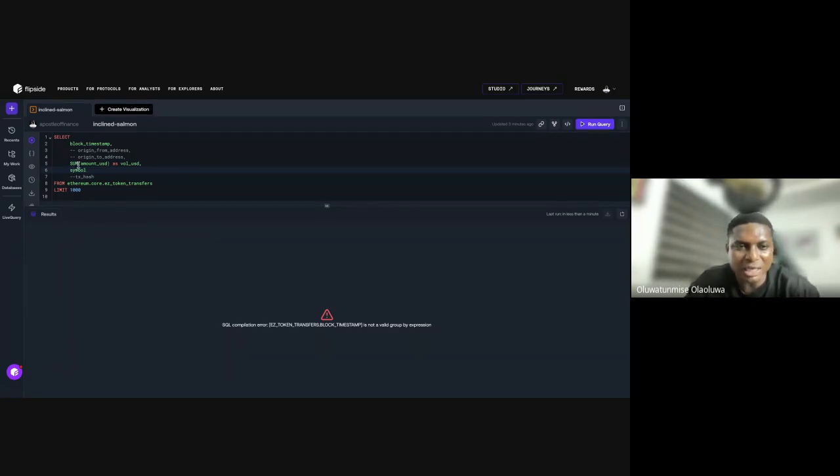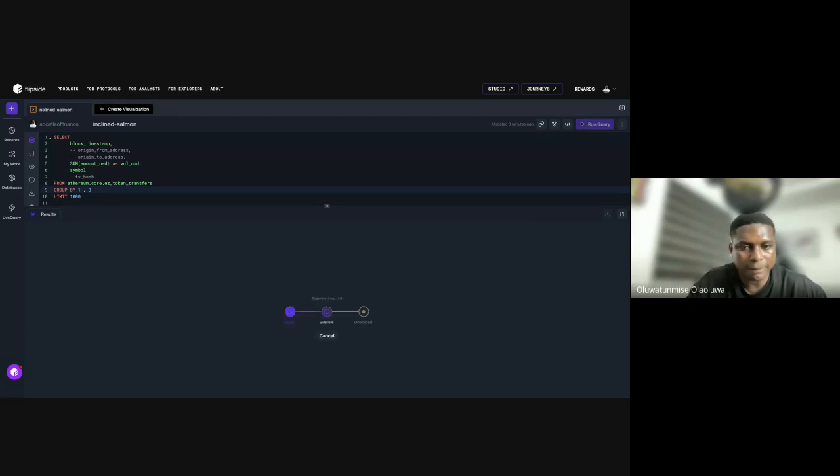Okay, since I've used an aggregate, I would have to group by block timestamp and symbols. Let's wait for it to execute.